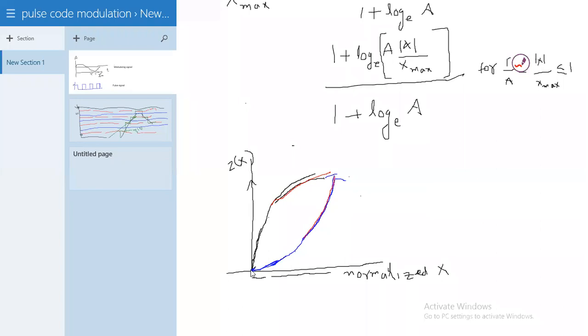How much the weak input signal was amplified, that amount is decreased.